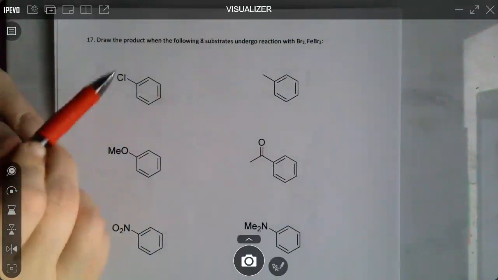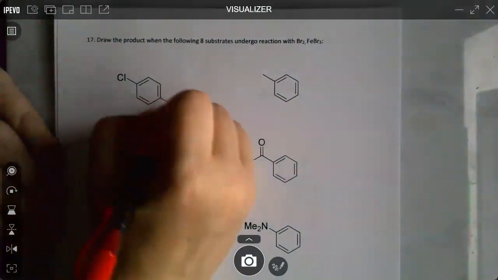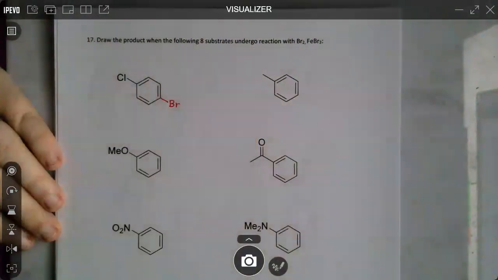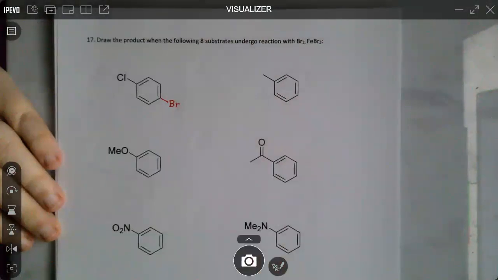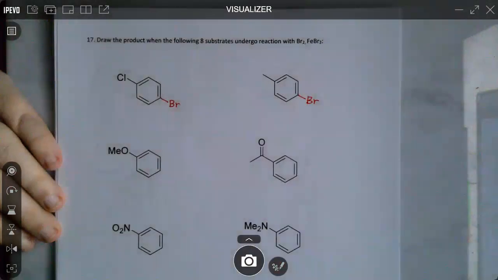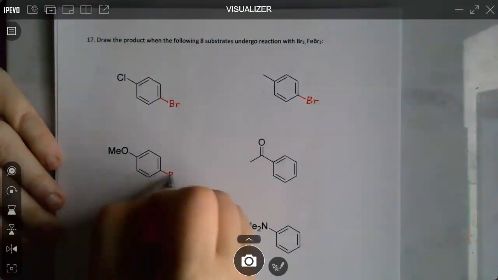Halogens are ortho-para directors, and they'll direct para first. So we will put the bromine para to the chlorine. Methyl groups are weak activators, also ortho-para directors, so we should put the bromine para first. Methoxy groups are ortho-para directors, para first.